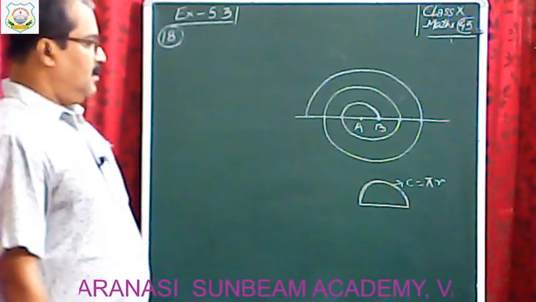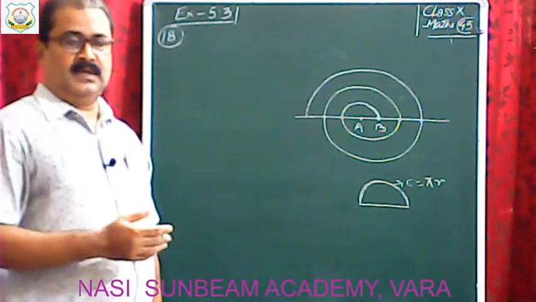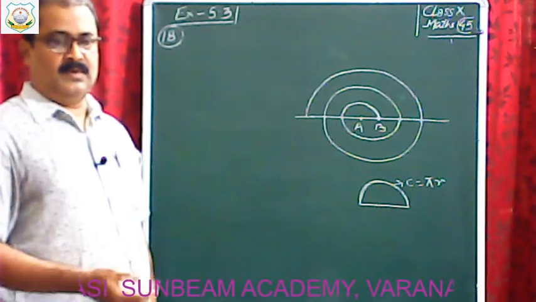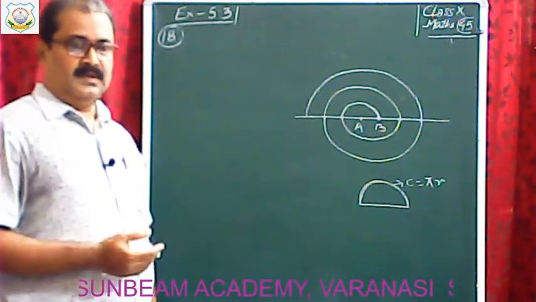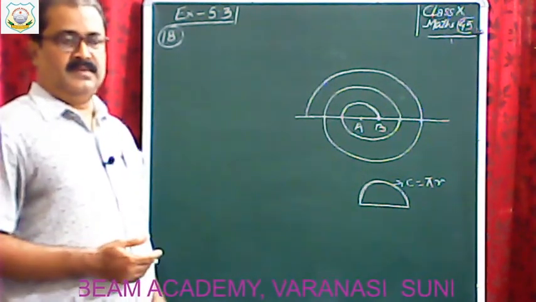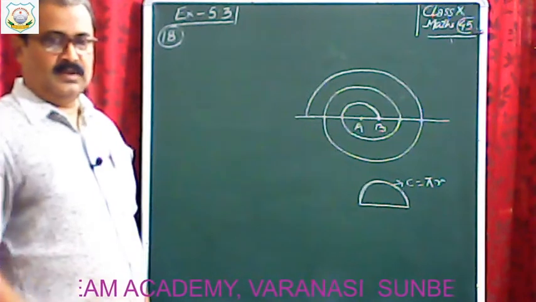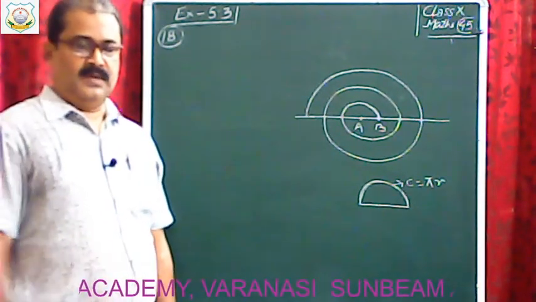So one by one, you have to find the circumference of 3 consecutive semicircles, and then check whether the lengths of the curves of those 3 consecutive semicircles are in AP or not. If AP, then follow the process of AP.